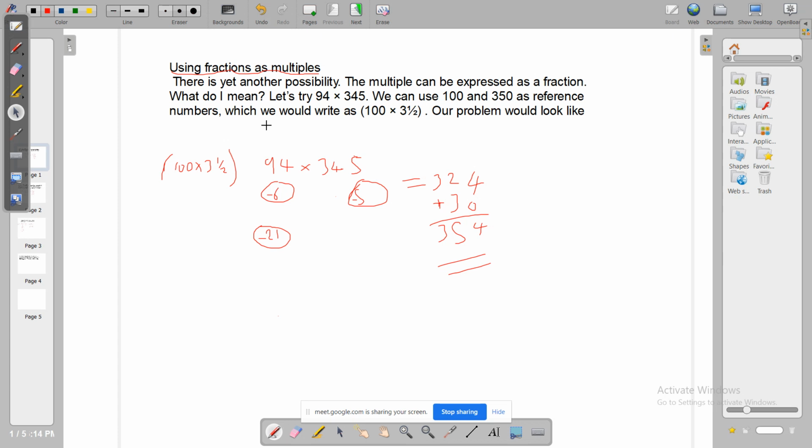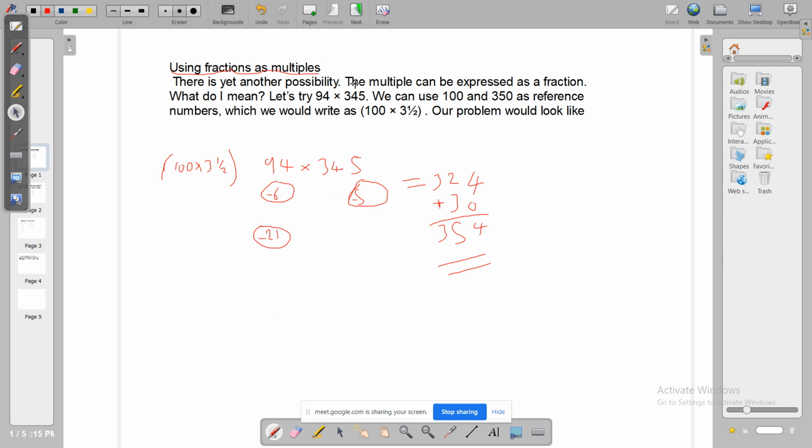Now I have this number here, 94 times 345. There's yet another possibility here: the multiple can be expressed as a fraction. So what do I mean? Let's try 94 times 345.